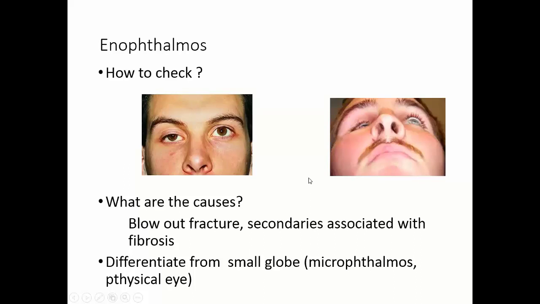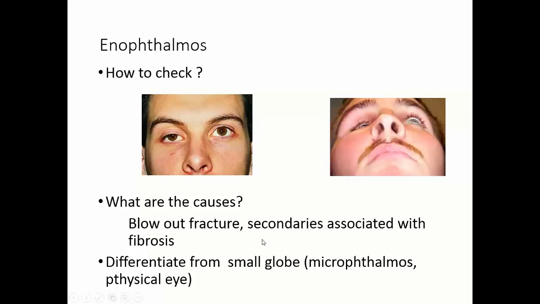The commonest cause we encounter is the blowout fracture. I'll talk more about it in a future slide. And if it is acute, it usually has to be following trauma, a blowout fracture. You have to ask even for subtle trauma. Sometimes it can cause blowout fracture. And if it is chronic, then it could be secondary to conditions associated with fibrosis, like scirrhous breast carcinoma.